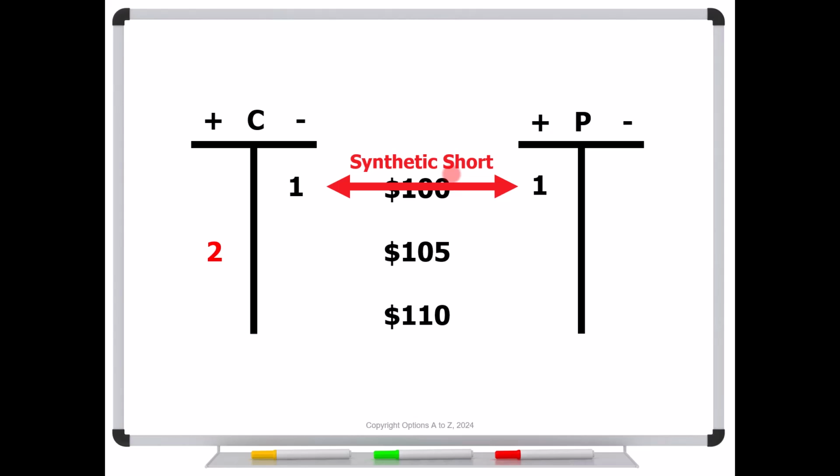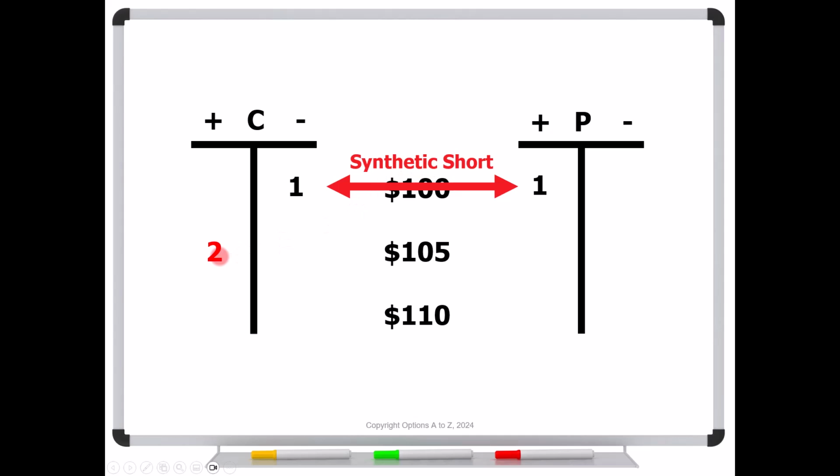But a synthetic position just looks, acts, feels, behaves like the real thing, but we're just creating it from different assets. So in this case, we're using a short call and a long put at the same strike. It's going to behave just like short shares of stock. We'll get exactly the same risk graph. So that's why it's called a synthetic short position.